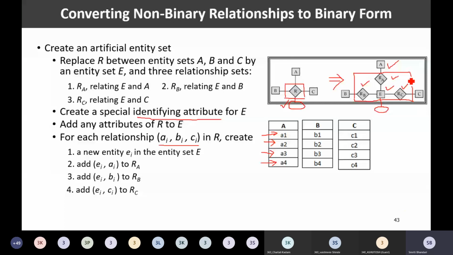So with respect to this ternary relationship, what is there in my R? It is actually storing the combinations of the entities from these respective entity sets. So let us assume that R is storing A1, B1, C1 as one relationship, A2, B2, C2 as another relationship, A3, B3, C3 and A4, B4, C4. So R is storing these relationships.